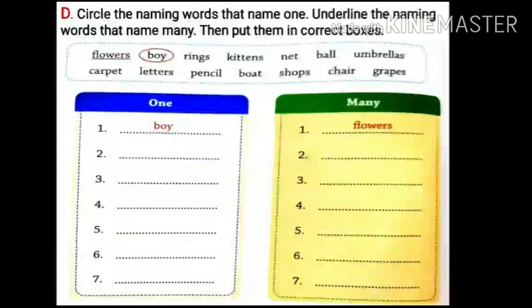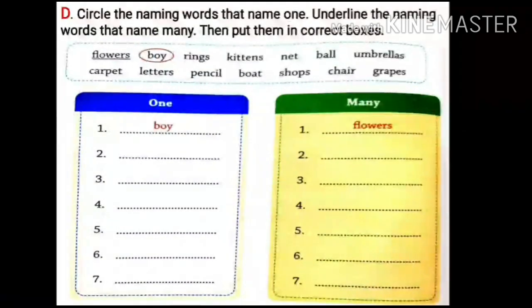And after doing this, we are going to write down these words in the columns given below. Can you see there are two columns, one and many. First, we are going to circle or underline and then we are going to write it down in correct column.